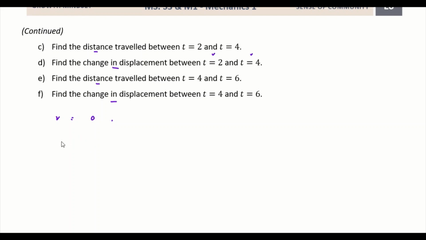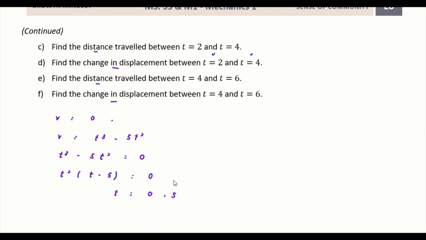From the question, v is equal to t cubed minus 5t squared. So we solve t cubed minus 5t squared equals 0, which gives t squared times (t minus 5) equals 0. So t equals 0 and also 5.